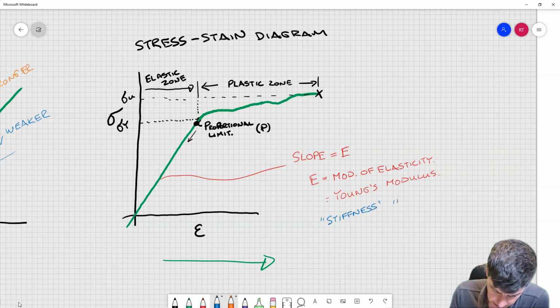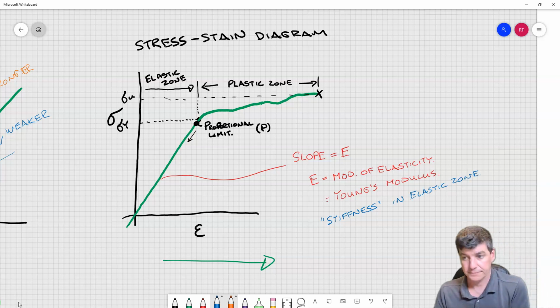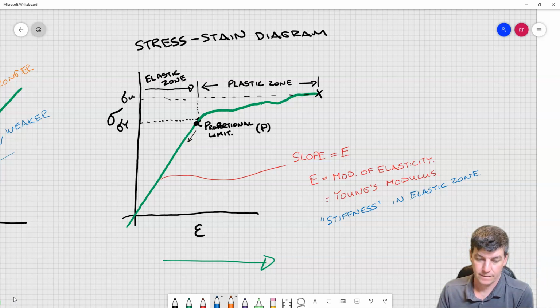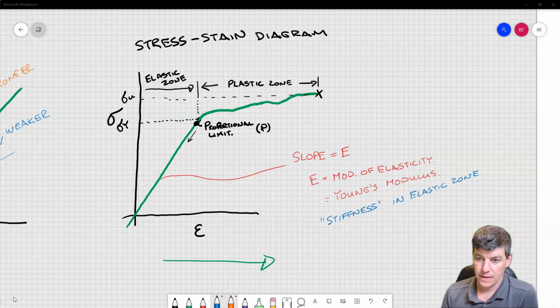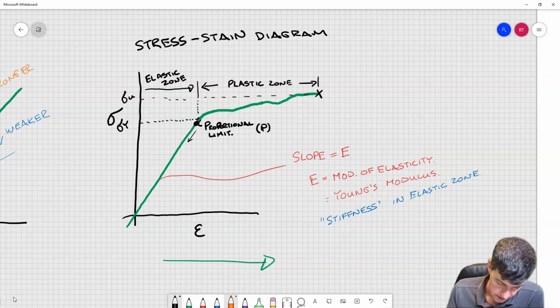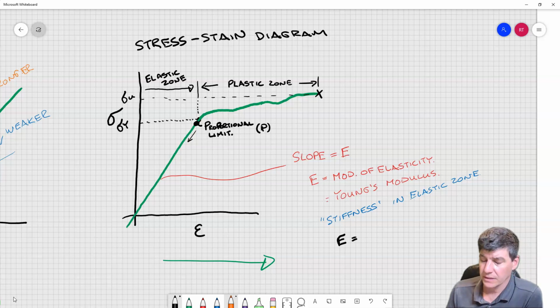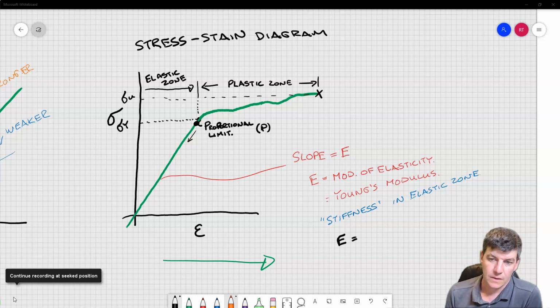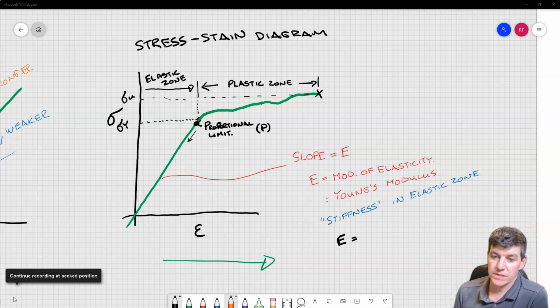In the elastic zone, we can also create an equation for that, where E, just like when we calculated our spring constant, we saw that K was the slope, rise over run.